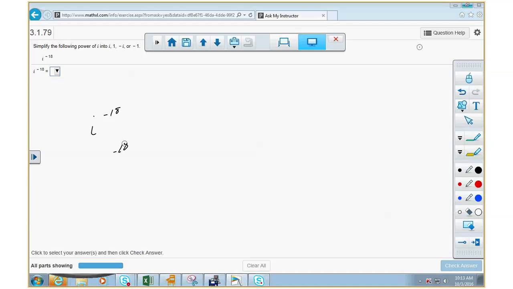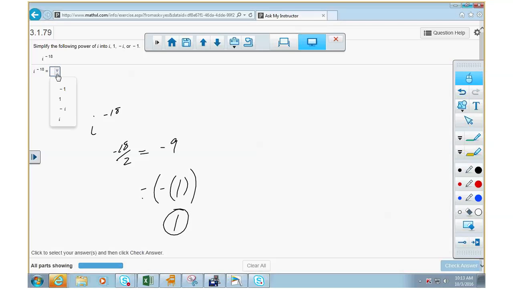Negative 18 divided by 2 is what? Negative 9. 9 is a whole number, right? So it's 1. All right, but 9 is also what? Negative, but we got a negative out front of the 9. So negative times negative is 1. Let's see if I got it right. Nope, doesn't work all the time.